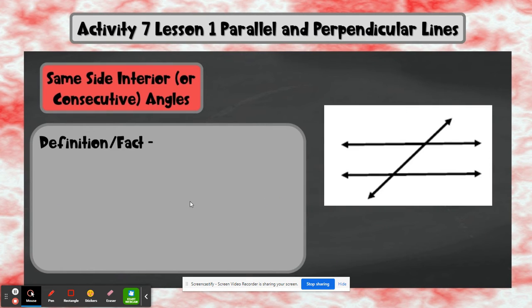Okay, so the first pair of angles that we're going to talk about today is called same side interior, and sometimes they're called consecutive, but the only reason that we put that on there is if you see it in some other way. When I talk about it, I'm going to call them same side interior angles. Okay?